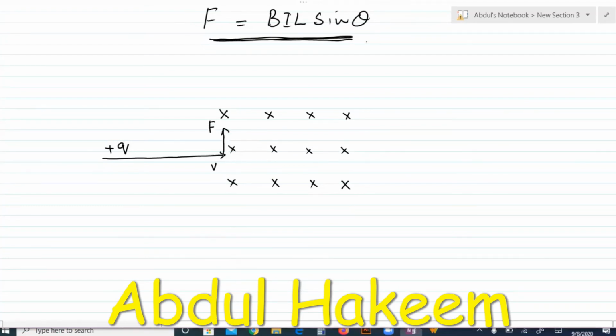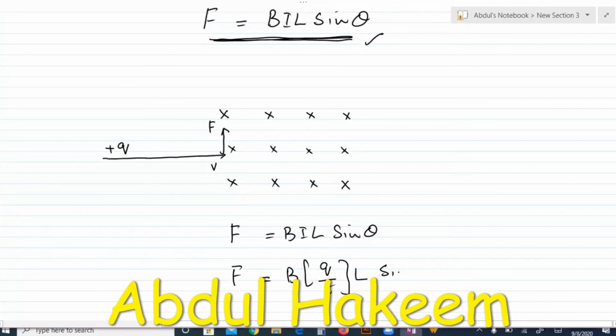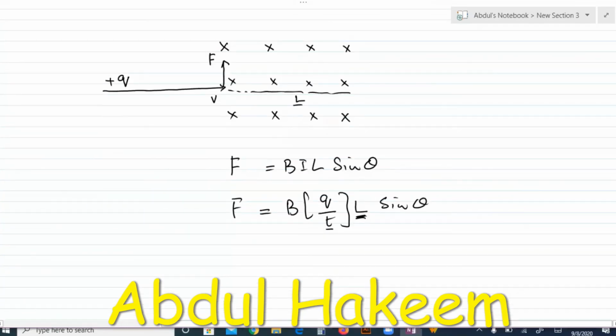Then this formula will be different. So instead of BIL sine theta, we will make some changes. B and I is equal to Q divided by T into L and sine theta. Look, this L, if taken as the horizontal length of the field, then horizontal length divided by time is the horizontal velocity.